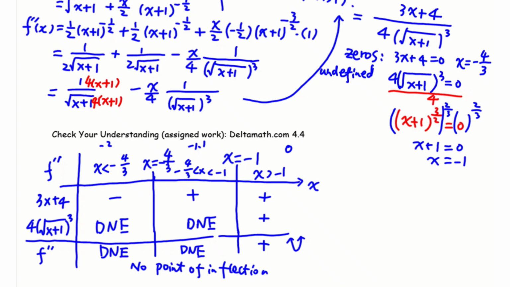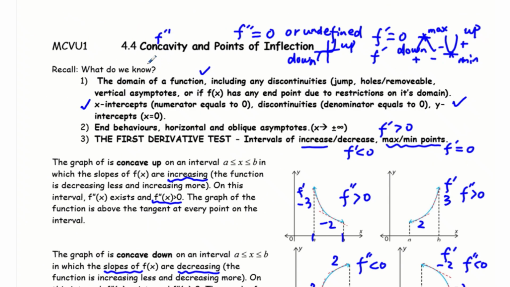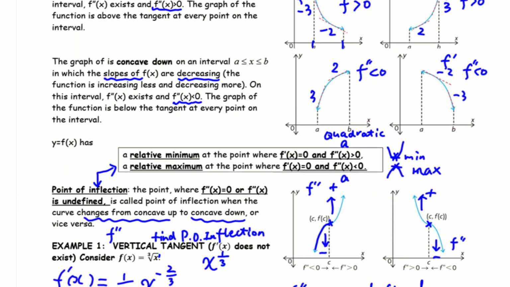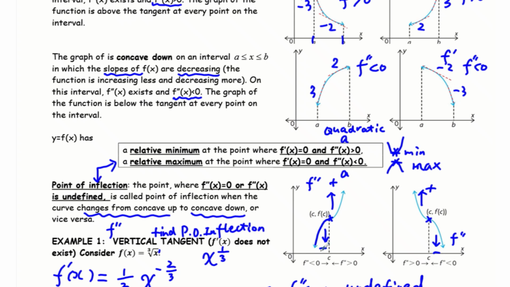Let's go back and double check what we did, which is concavity. For f double prime, positive is open up and negative is open down. If f prime equals 0 and the sign changes, it is a local maximum or local minimum. If f double prime is changing from positive to negative, it is a point of inflection.